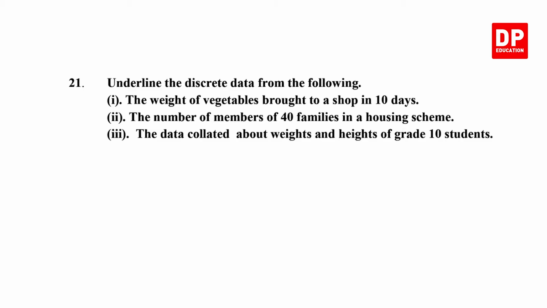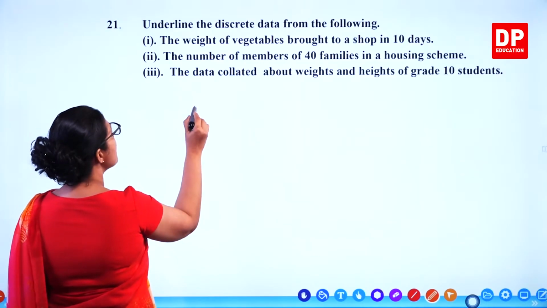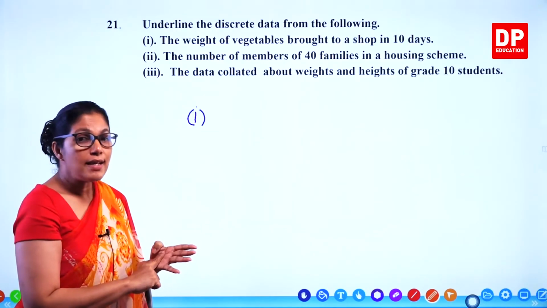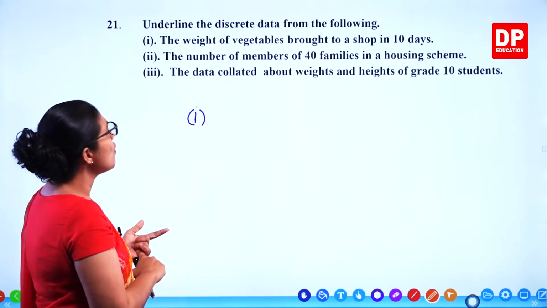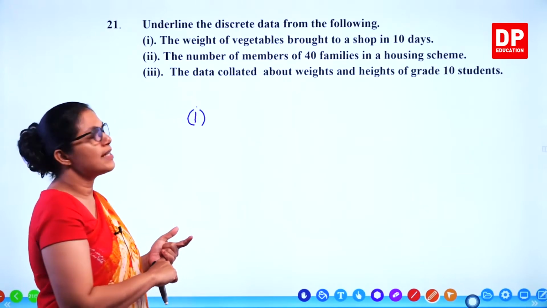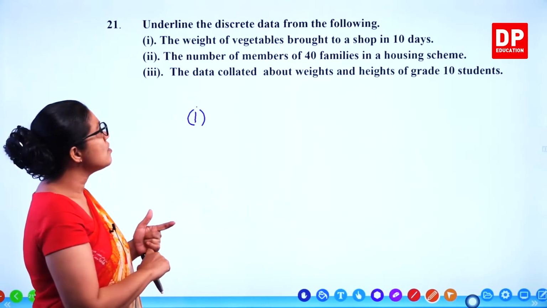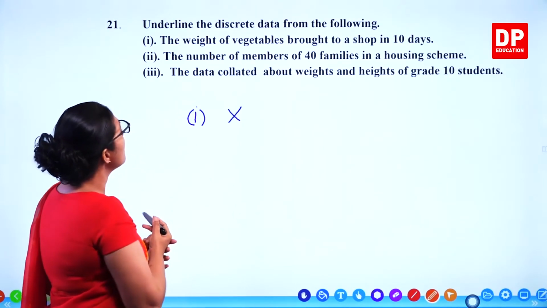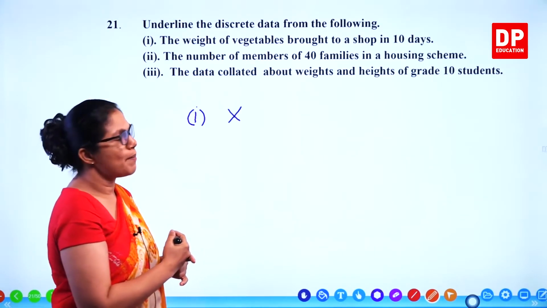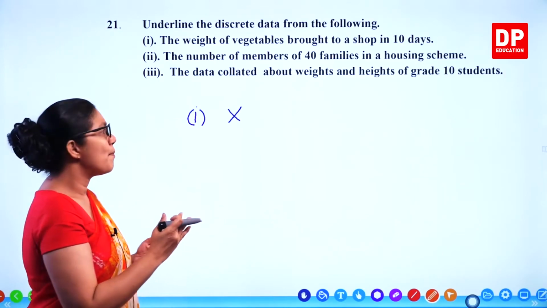Question number 21. Underline the discrete data from the following. So what is discrete? You can take certain numbers. You can't take all possible values. The weight of the vegetables brought to a shop in 10 days. So weight is continuous data. So that's wrong. The number of members of 40 families. Number of members, certain numbers you can take.